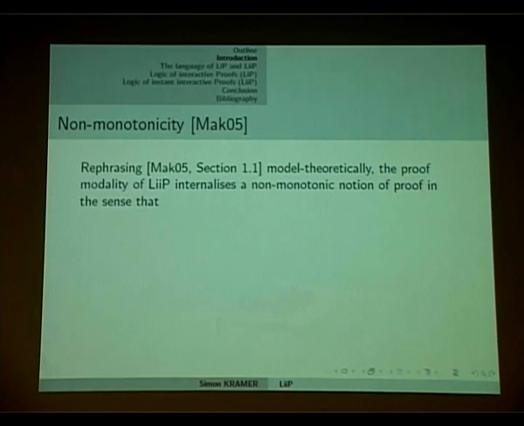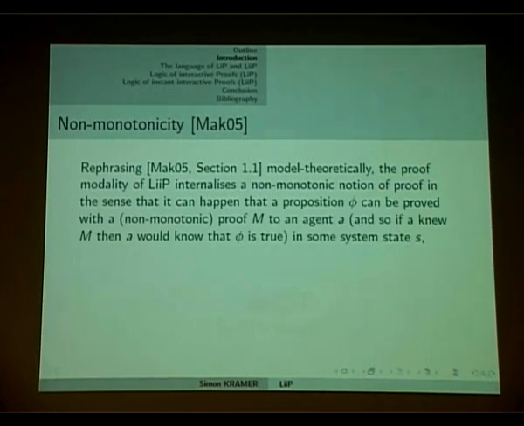The proof modality of my logic, which I call LIIP, the logic of instant interactive proofs, internalizes a non-monotonic notion of proof in the sense that it can happen that a proposition phi can be proved with a non-monotonic proof M to an agent A, and so if A knew M, then she would know that phi is true.